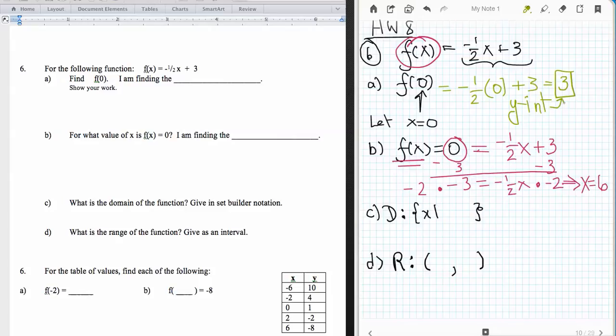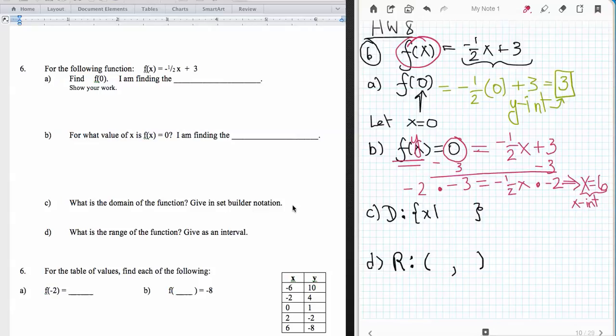So this is my y-intercept. And when I'm finding when the function equals 0, remember this is another way of saying y, so this is when y equals 0. What I'm finding when y equals 0 is my x-intercept. So those are function notation ways of writing the x and the y-intercept.